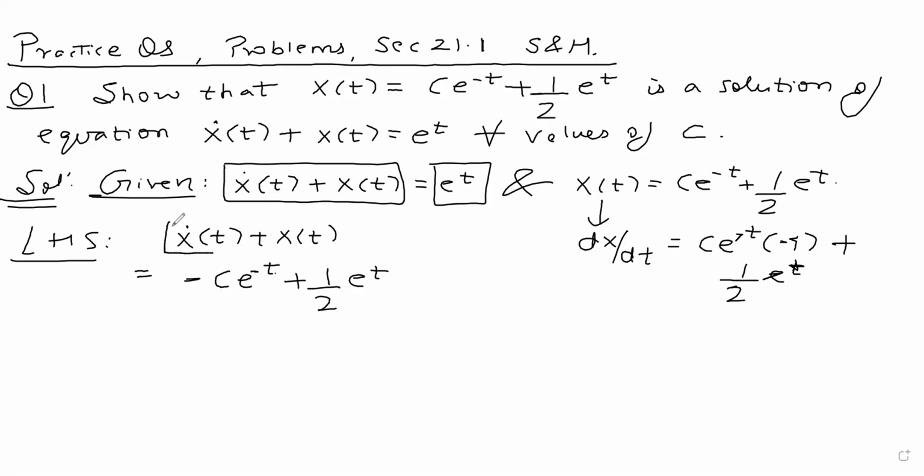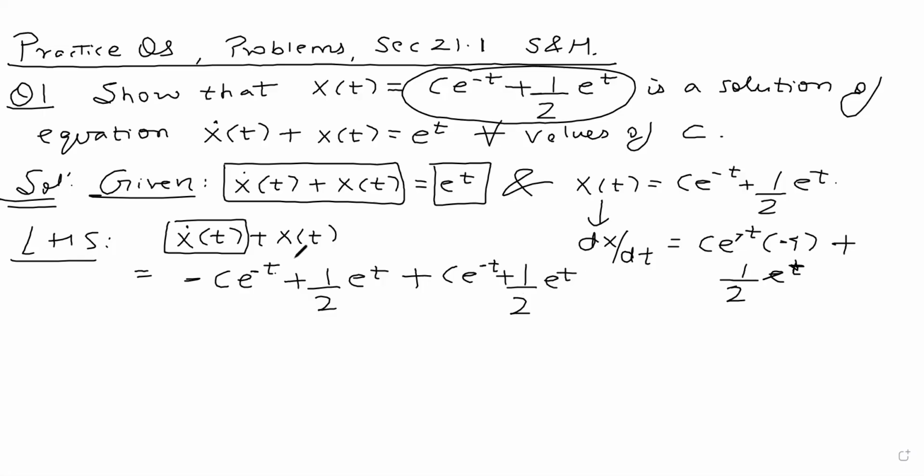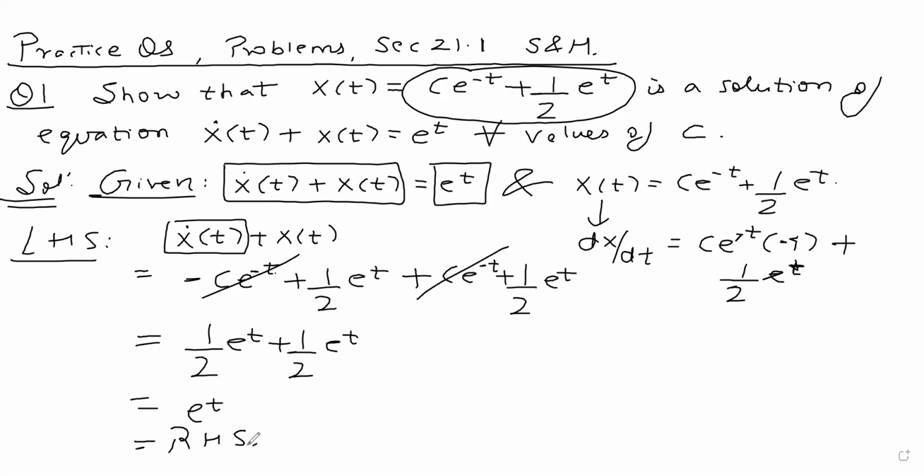This is my x dot t. Minus c e to the power minus t plus half e to the power t, plus x as a function of t, which is this whole expression c e to the power minus t plus half e to the power t. So this and this cancel. We get half e to the power t plus half e to the power t, which is nothing but e to the power t, which is equal to the right hand side.